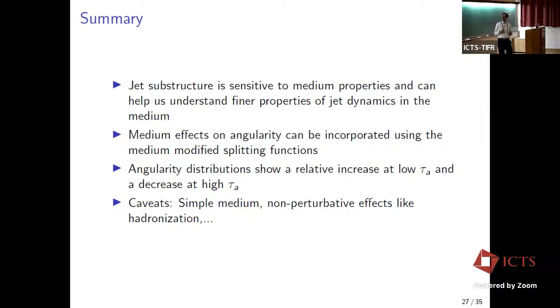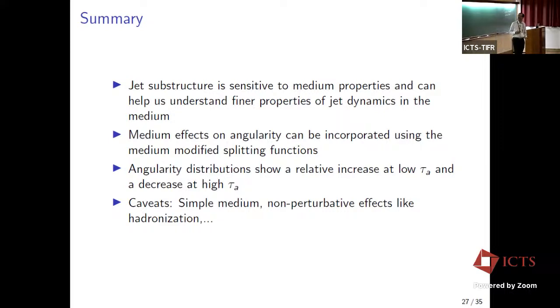And using these medium modified splitting functions, you can calculate these observables semi-analytically, at least in a simple background setting. And you can get the qualitative features right. But to do the quantitative analysis is kind of challenging.